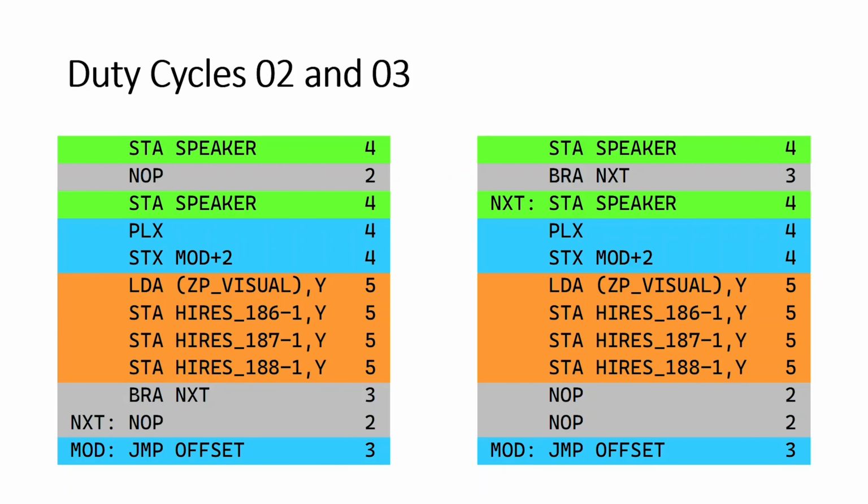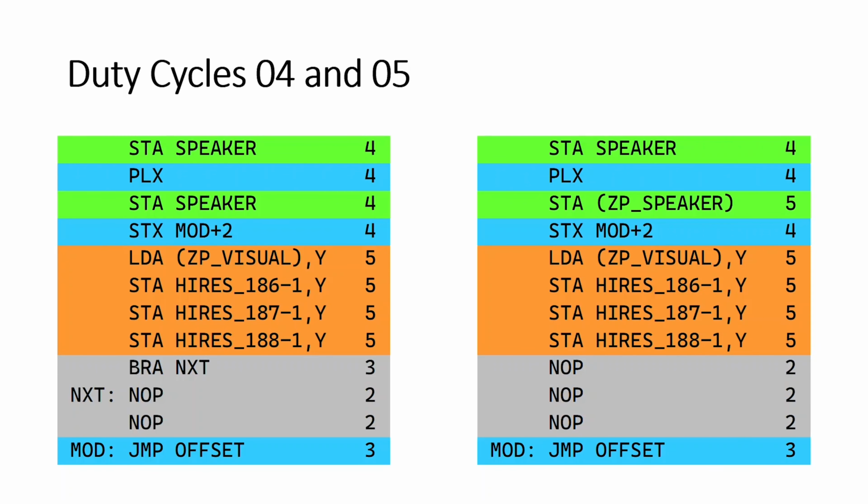Don't be afraid. I don't want to go through all the duty cycles in that detail. However, there are some more points to look at. Here, we for the first time have room to insert an instruction between the 2 speaker toggles. Here, it's a branch instruction. The other point to look at is, here we spend 3 cycles, so still there's no room to put anything here below inside that gap.